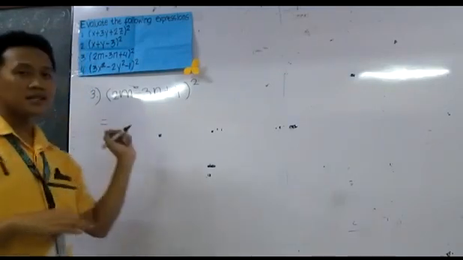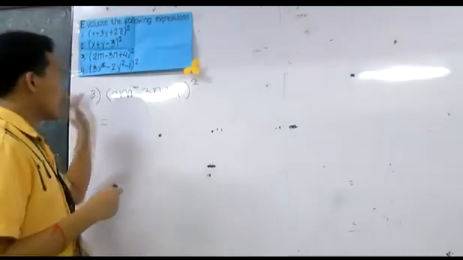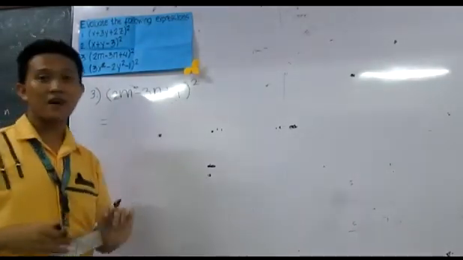again, the first step is square all the terms. Square the first term added to the square of the middle term added to the square of the last term.